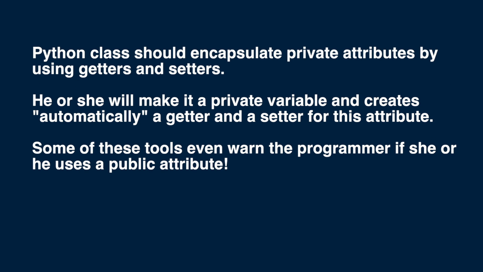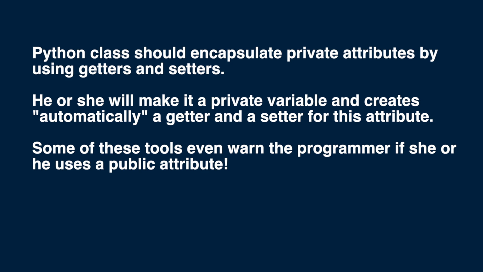However, unfortunately, it is a widespread belief that a proper Python class should encapsulate private attributes by using getters and setters. As soon as a programmer introduces a new attribute, he or she will make it a private variable and automatically create a getter and a setter method for this attribute.